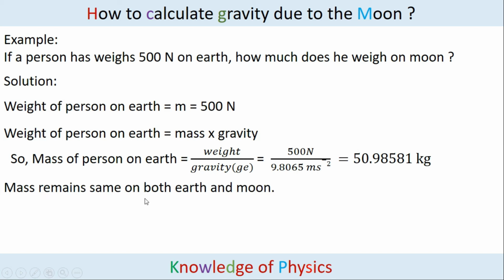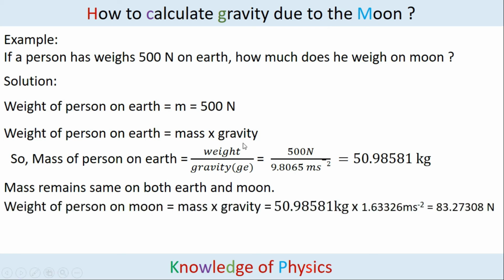Mass remains the same on both earth and moon. Mass is independent of gravitational effect, so the mass of the person remains the same on earth and moon. So the weight of the person on the moon is this mass times the gravity of the moon. Substituting the values of mass and gravity of the moon, it gives 83.27308 Newton, where N means Newton.